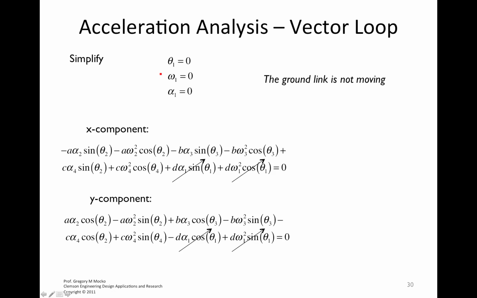We know this about the system. We know that theta 1, omega 1, and alpha 1, we're going to say that these are 0 because the ground is not moving. When we say that they're 0, we can simplify this expression for x. So we end up zeroing out this value and zeroing out this value because alpha 1 and omega 1 are 0. Similarly, for the y components, we can zero out the last two values within this expression.